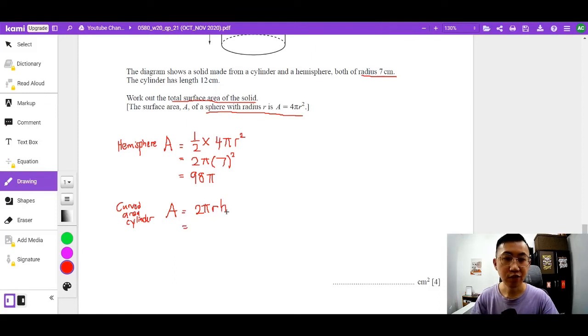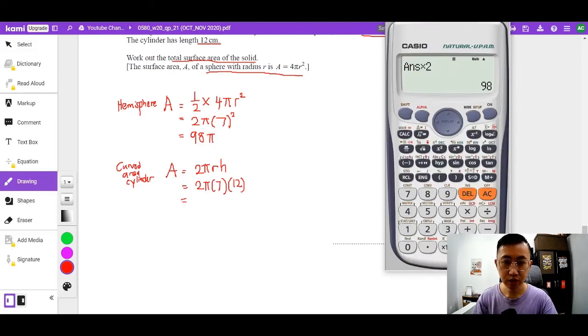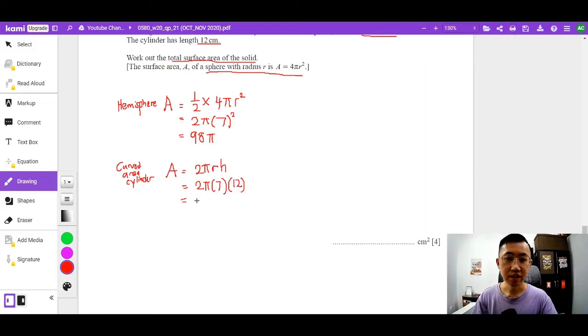This is the formula for curved area of a cylinder: 2 pi times radius 7 times the height, or length, of the cylinder, which is 12. Using the calculator, 2 times 7 times 12 is 168 pi. Do not multiply the pi in, just leave it.